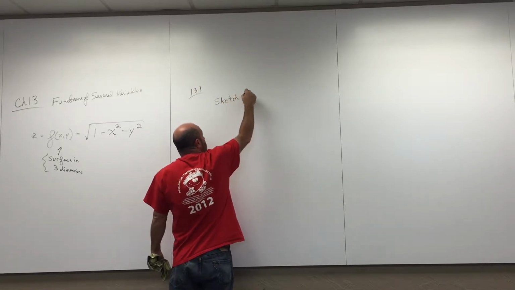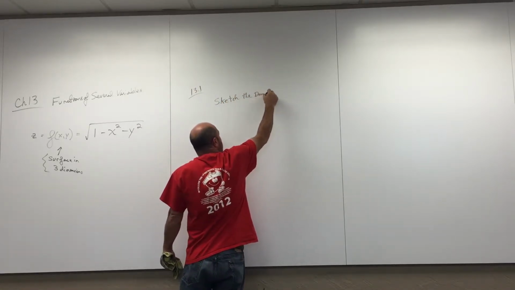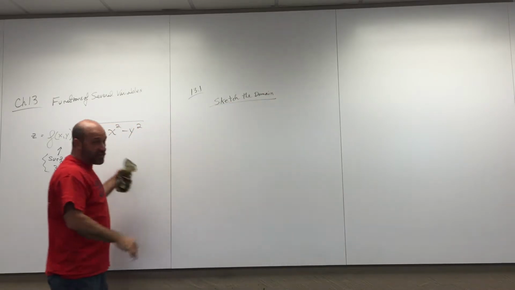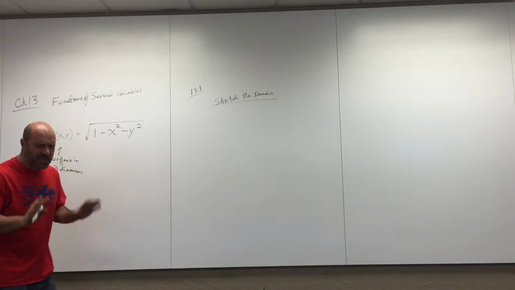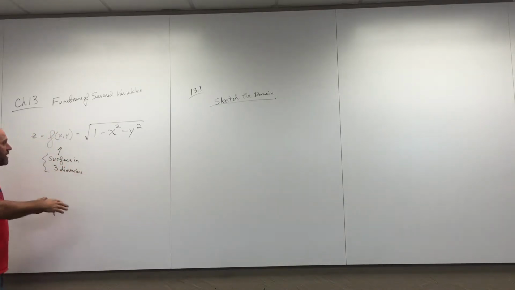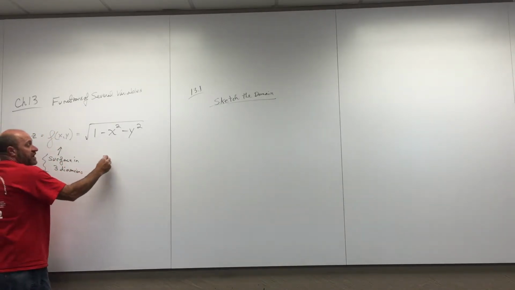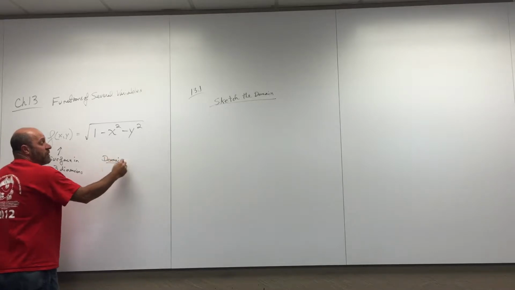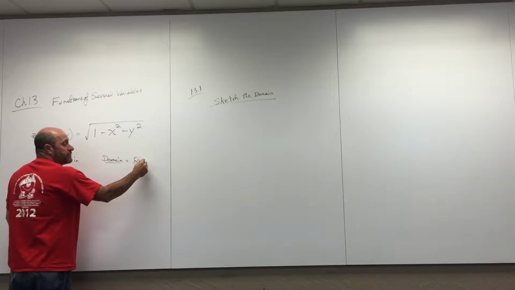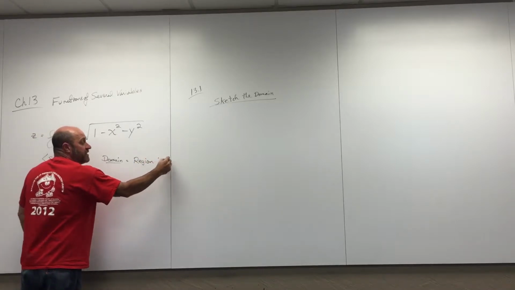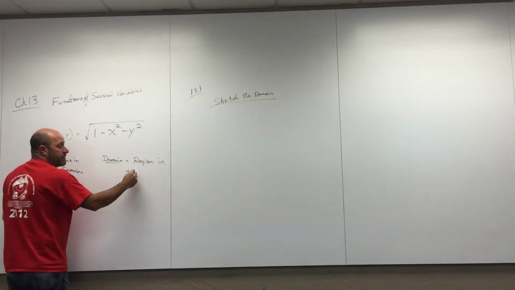And so I'm not asking you to sketch this three-dimensional function. I'm asking you to sketch the domain of this function. I should have started by saying the domain of this function is a region in the xy plane.